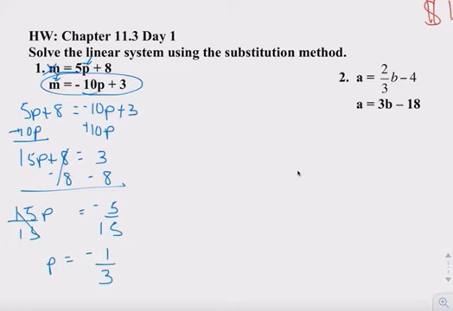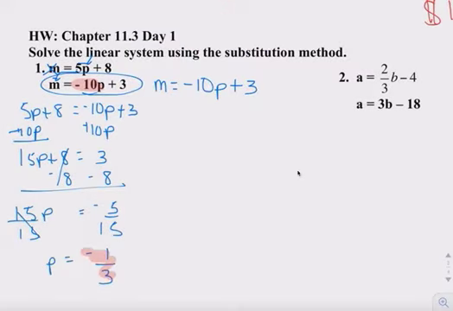In here, a negative, a positive, and a negative, you have a negative. So that's harder to work with. You want positives, and a negative times another negative is a positive. So I'm choosing that one. So m equals negative 10p plus 3. You have to be smart about which equation is easier to choose. It doesn't matter which one.